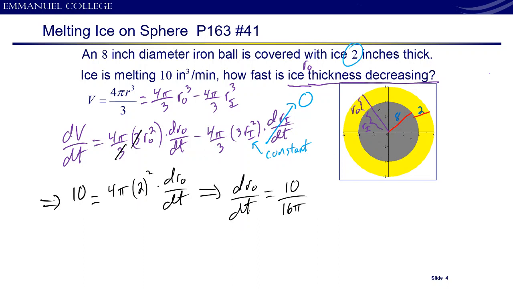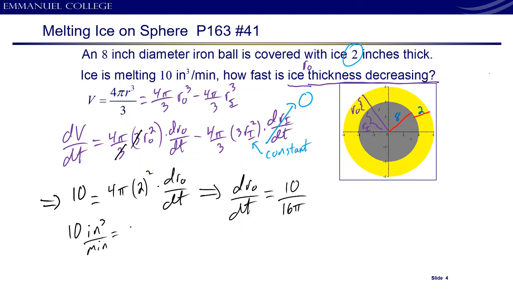Keep in mind, the volume is changing at 10 inches cubed per minute. However, we have the outer radius because the outer radius tells us how much it's shrinking. So technically, because we're talking about the ice's thickness and not the total overall, if I threw units onto here, this is 10 inches cubed per minute.